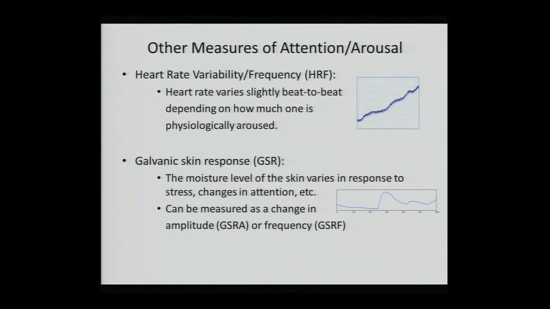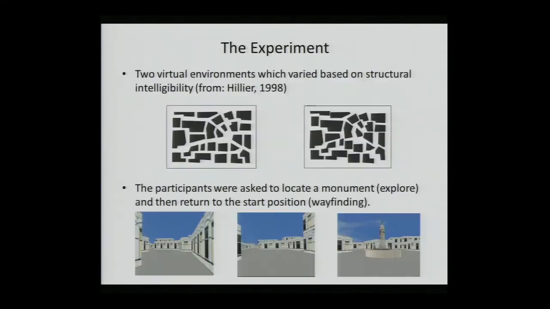It can be measured as a rough change in amplitude. This is an example of what it looks like across time: you can have a slow increase in amplitude over time, or a number of quick changes, which I'm calling frequency here, that is, the number of peaks in the waveform. And we can measure all three of these things in VR while someone navigates.